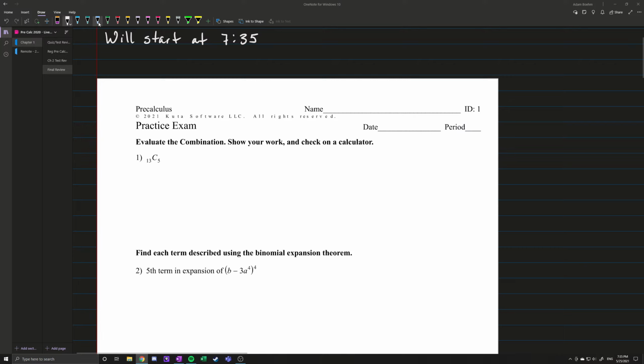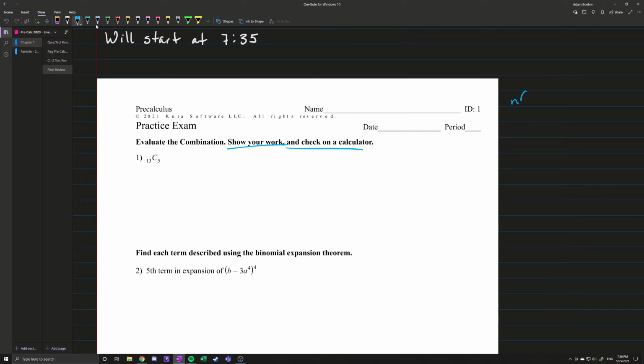First question. This should be one of the easier questions you have. You can do this on a calculator, but like I say in the directions, you need to show your work and then check with the calculator. So you need to actually know the formula for combination.